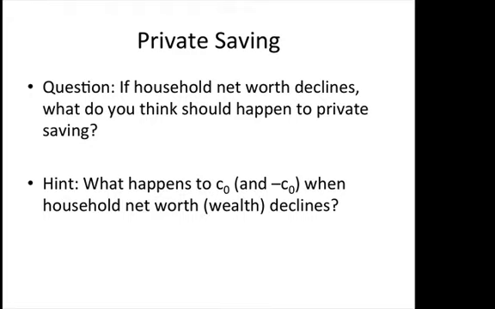So if people's wealth falls, like what happened around 2007, 2008 with the housing crisis, people's net worth fell. And if people's net worth fell, this means what? That saving will increase.